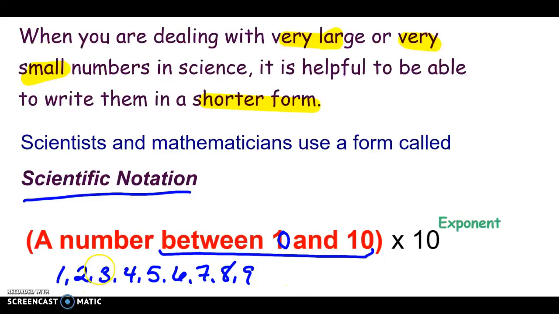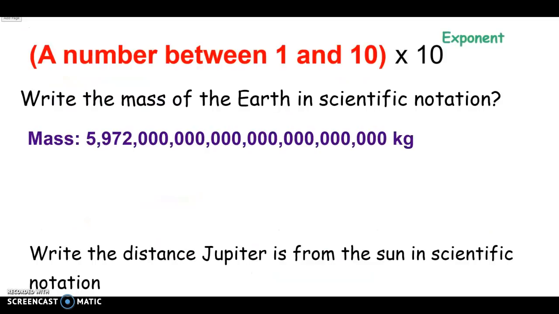So it has to be a whole number. And then you write it times 10 to some exponent. We're going to talk about why and how we get that exponent. So again, it's a whole number between 1 and 10, including 1, times 10 to an exponent.